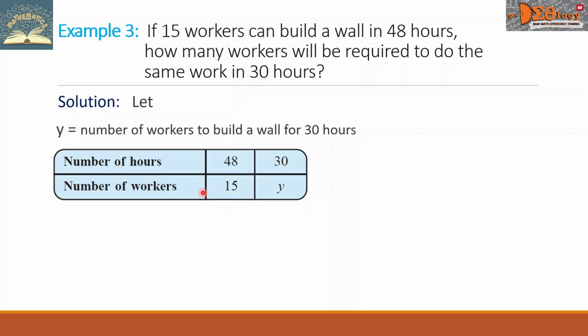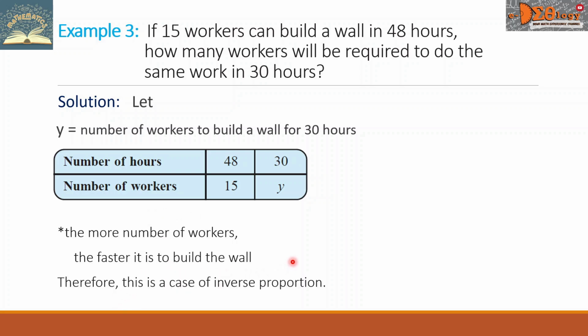In this column are the given 48 hours for 15 workers. On the next column, this is the required value. There are 30 hours and we want the value of y. Note that the more workers, the faster it is to build the wall. Therefore, this is a case of inverse proportion.